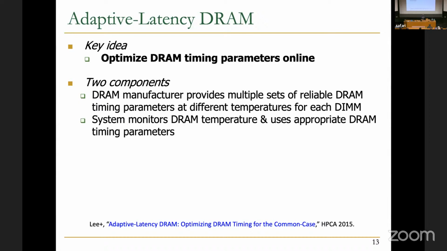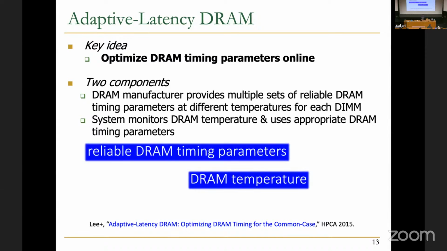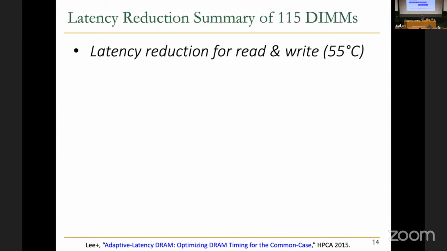Your system monitors DRAM temperature and uses the appropriate timing parameters. So you have the DRAM temperature and the reliable DRAM timing parameters associated with it. If you make this minor improvement in your system, instead of using the same parameters for the whole operation, you can get quite some reduction in your latencies.